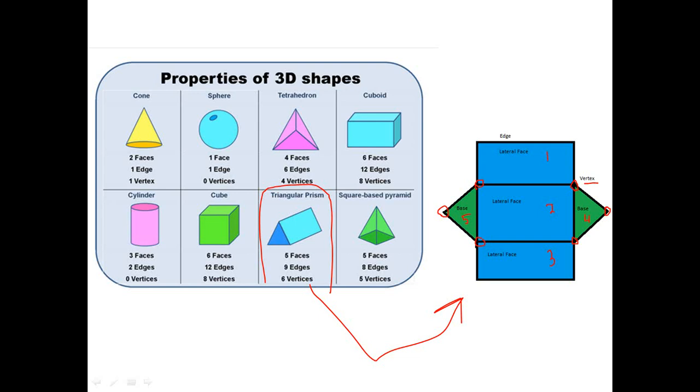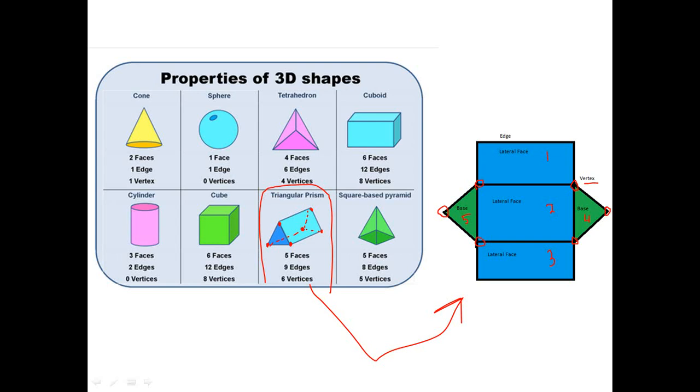Can we actually look here? 1, 2, 3, another one at the back here, 4, 5, 6 vertices. So again, 1, 2, 3, 4, 5, 6.